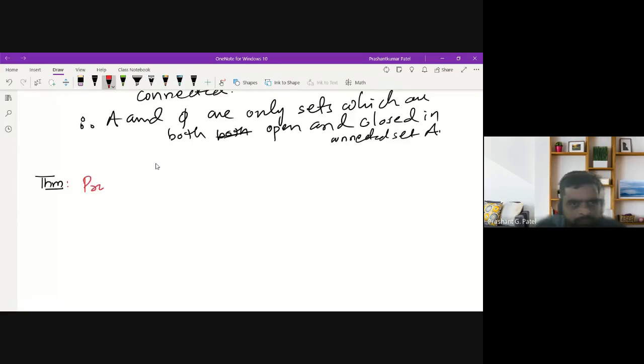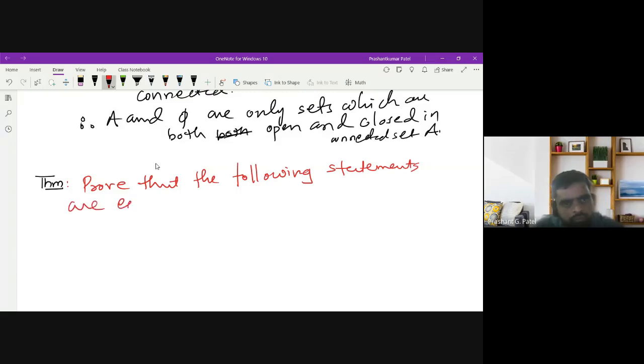So prove that the following statements are equivalent. The first one, that X is connected.